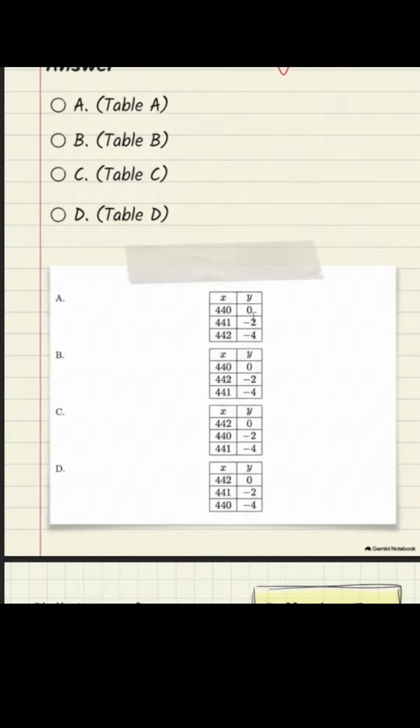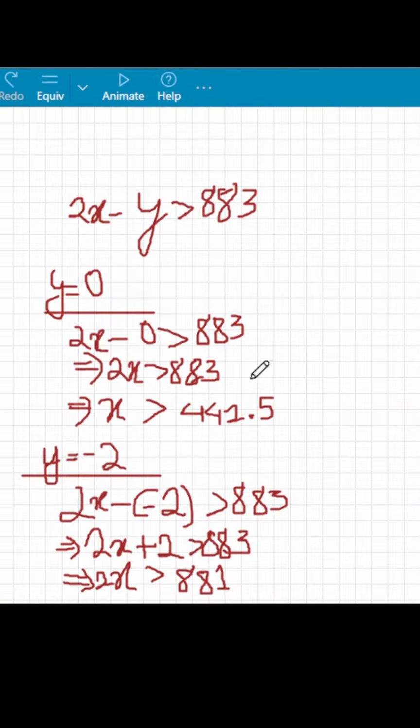So out of these options, for 0 we have 440, that is not greater than 441.5. So these two are not correct, A and B. The C option has 442, so that is possible, and D option is 442, so that is also possible. So from this first condition only A and B are eliminated, only options C and D are possible.